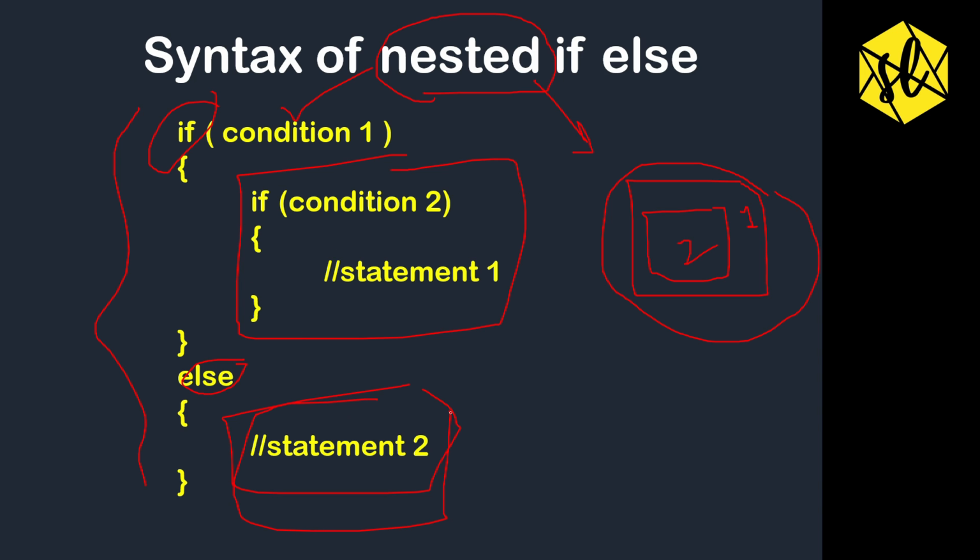Let us say this condition is true, then it will check condition 2 here, and if condition 2 is true, then statement 1 will be executed. Here no else is there, but we can add an else also. We can add if else, we can add an if also, and we can also add an if else ladder.